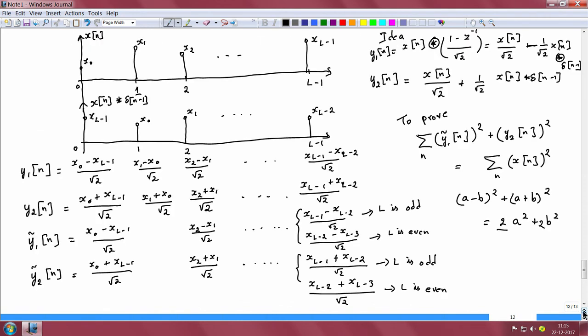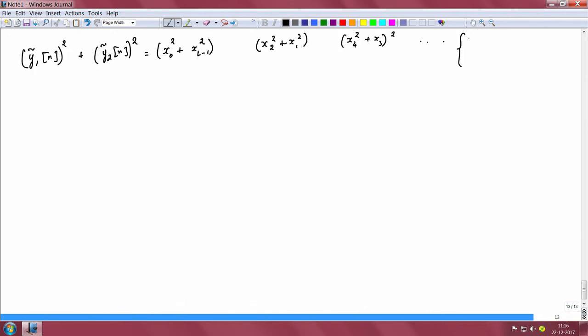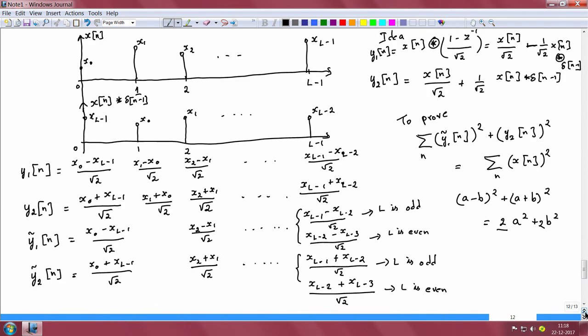So, here we have two cases, whether L is odd or even. Depending on the case that we have, it will be x L minus 1 whole square plus x L minus 2 whole square if L is odd, and for L even, the final value is going to be different.